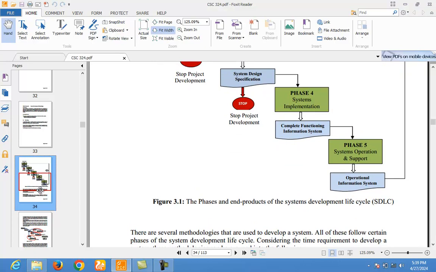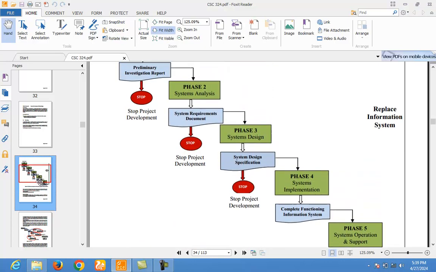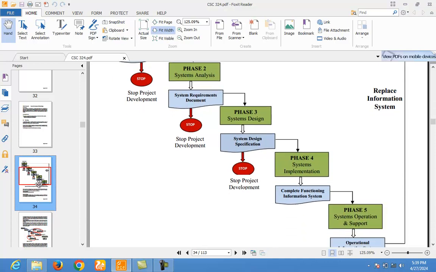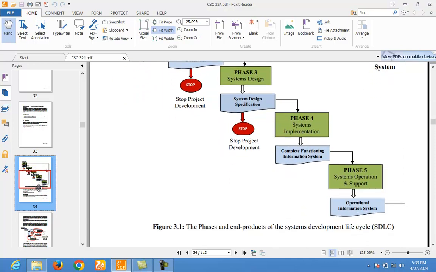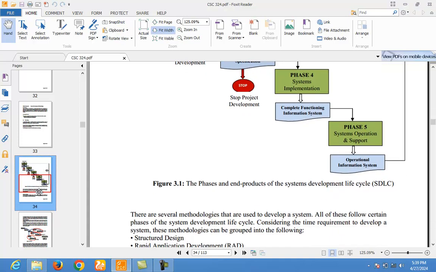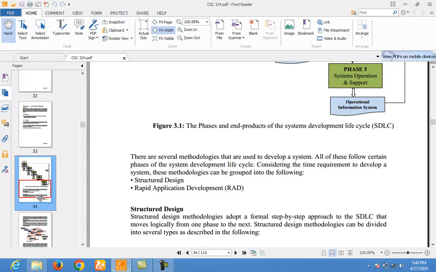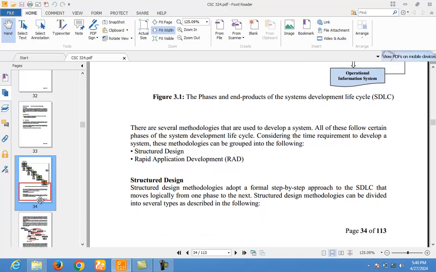So these are the phases of a system development life cycle. You don't need to include system in the front of all those things. It's not compulsory. You can just know planning, analysis, design, implementation, and support. So that is what happens in the system development life cycle.